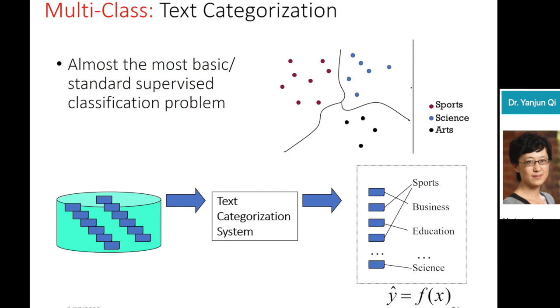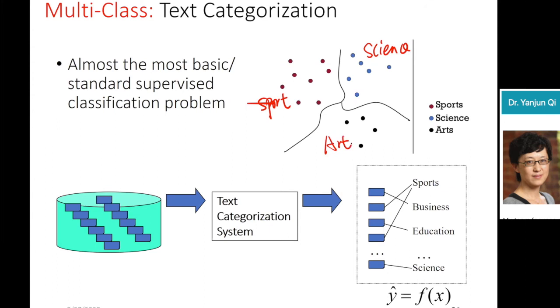To make an analogy and comparison to the binary case we had, in the multi-class case you separate the space into, say, A, B, and C. For example, you have a text from the web, and you want to categorize it into a sports type, or a science type, or an art type.